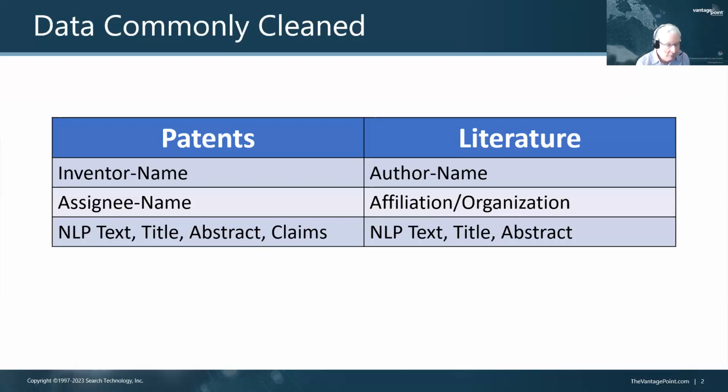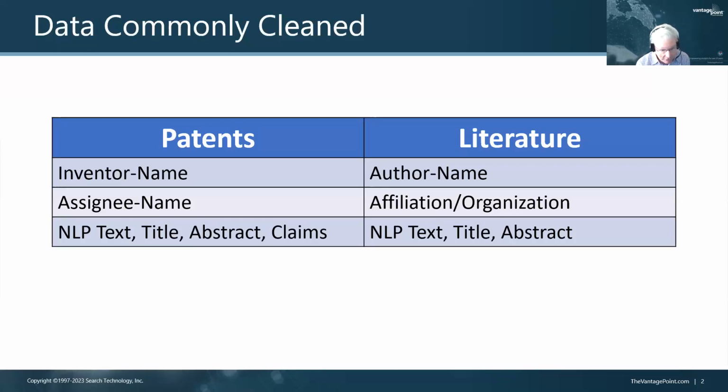And then at the end, we'll briefly touch on cleaning up the NLP text. That could be text from whatever's available in your data. Most commonly, it's title, abstracts, claims within the patents, and more commonly in the literature, it's the title and abstract.